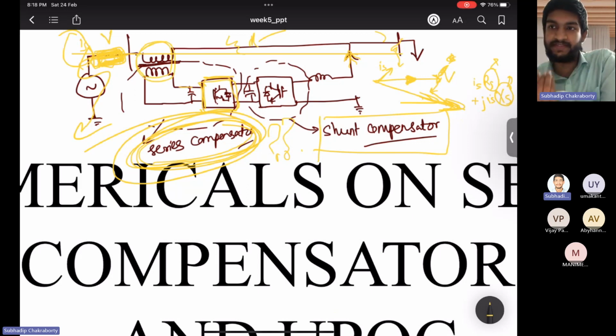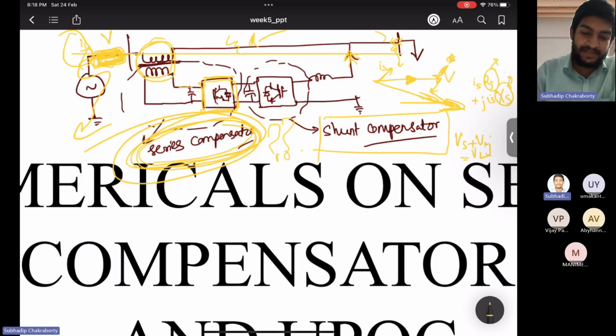It senses the voltage, compares it with the rated voltage, that is the actual reference you want at the load side, takes the difference of the two and injects that voltage such that V supply plus V injected is equal to V load. All voltage quality features you can attain using this DVR, which is sitting here.